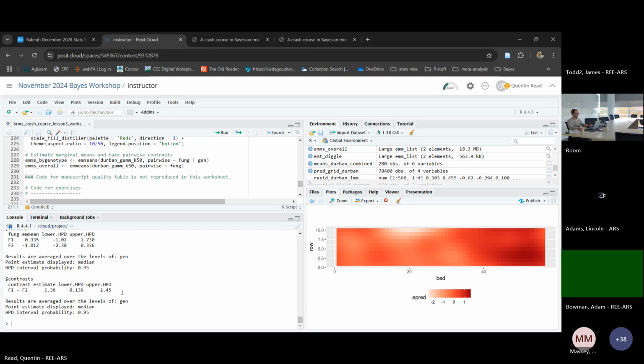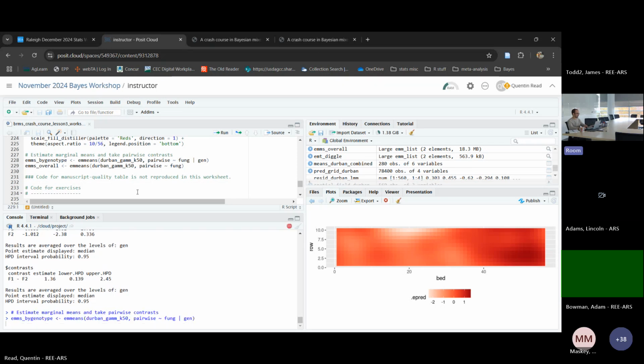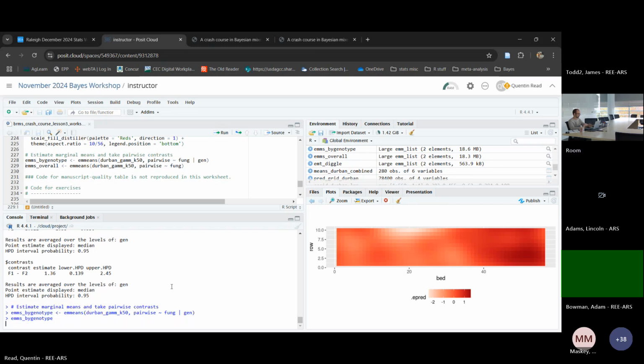We can look at it by genotype as well, but you get a lot of numbers, because there are 70 genotypes.